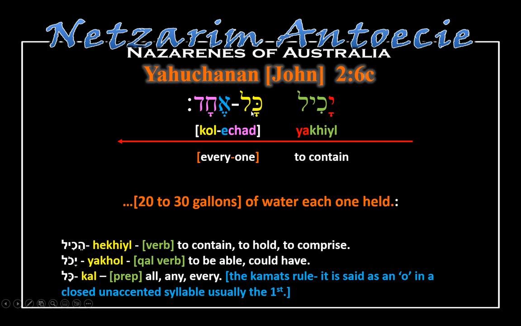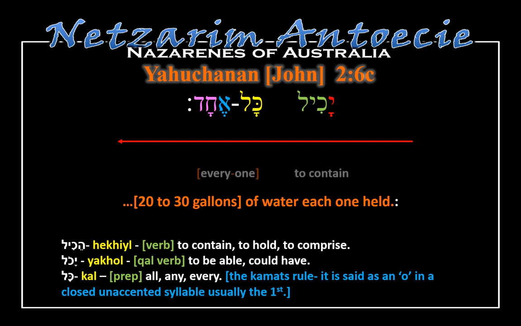The first syllable is normally unaccented, so therefore we can say kol, because there's only one syllable, right? So then from the translation, it is 20 or 30 gallons of water, each one held. So now we read it, and it is yakil, kol echad, to contain every one.